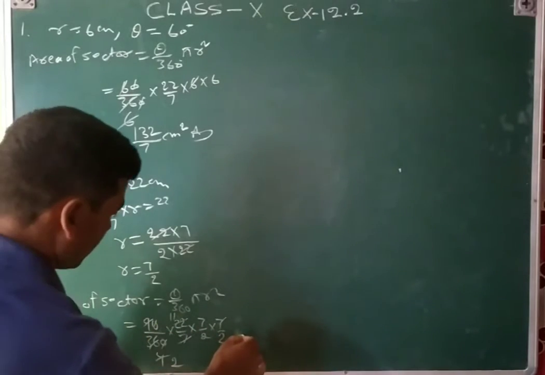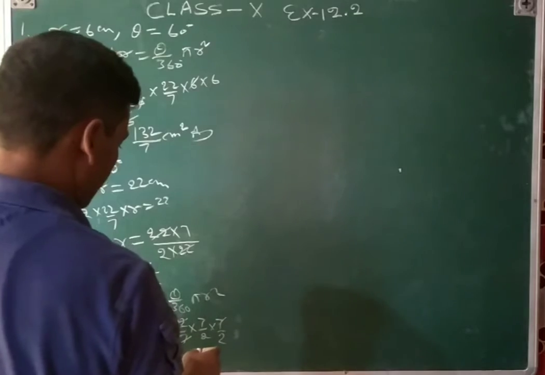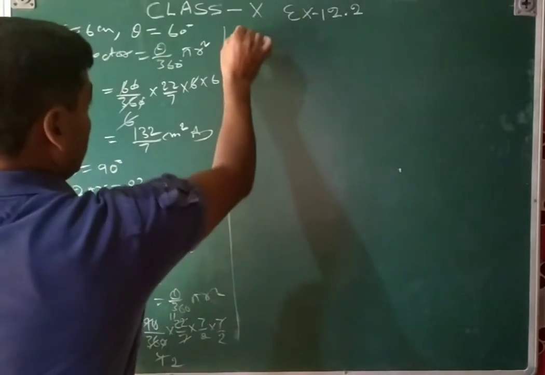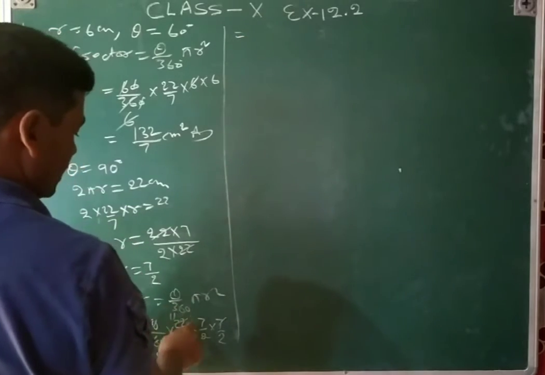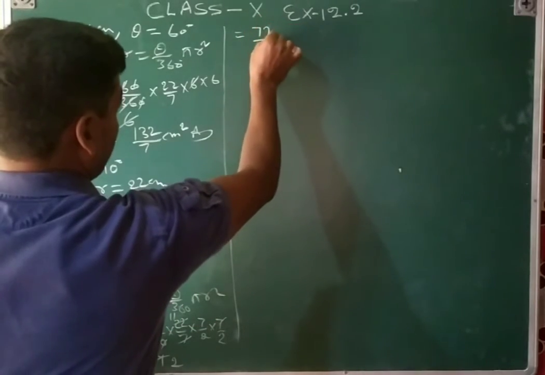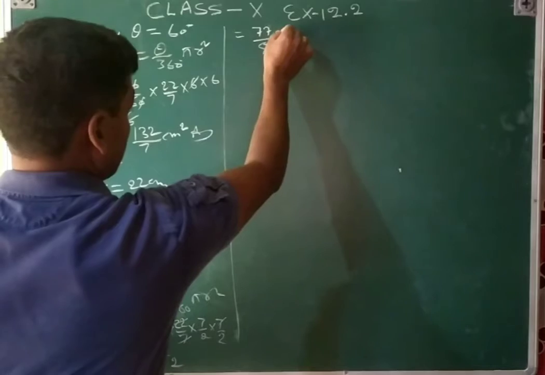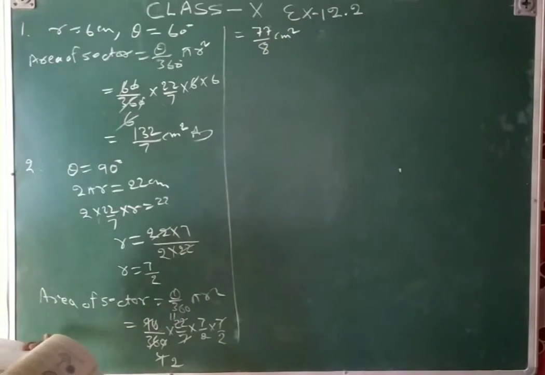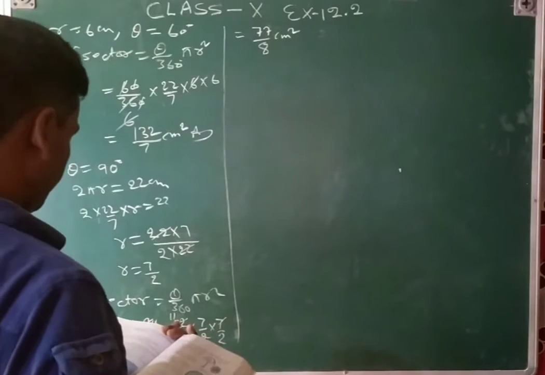So that will be 11 sevens are 77 upon 8 centimeter square. It means 77 upon 8 centimeter square.